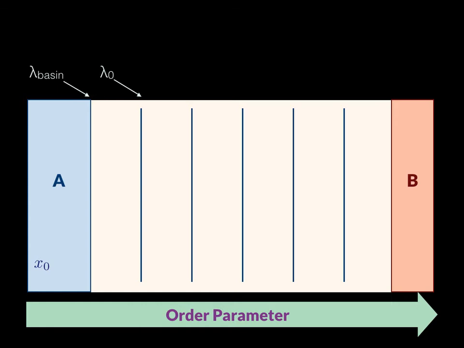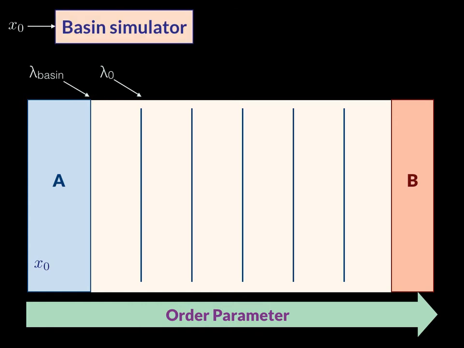We start with a configuration in the starting basin and we explore the starting basin using non-equilibrium trajectories. We monitor for first crossings of lambda 0, and the number of these crossings per unit time gives us the flux of trajectories that start in A and reach lambda naught.